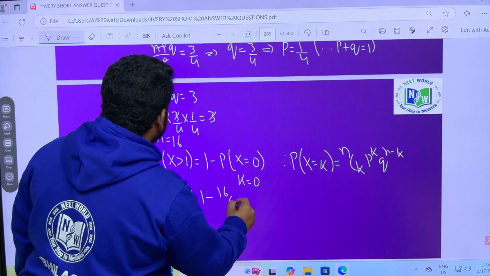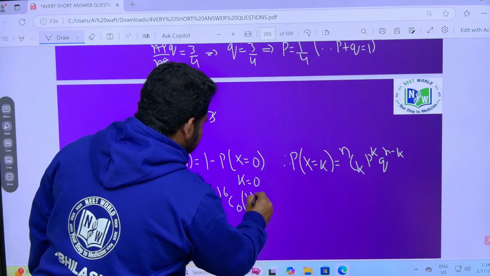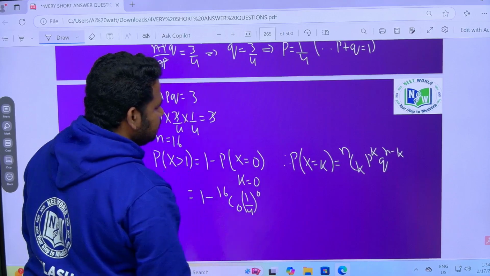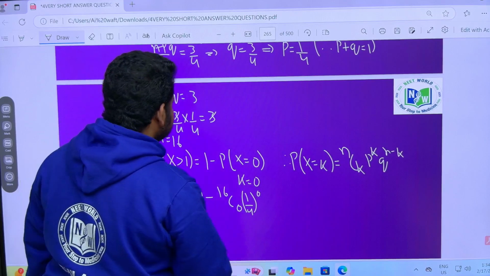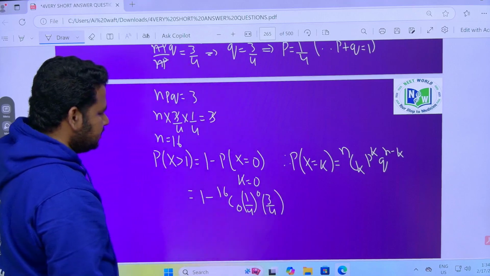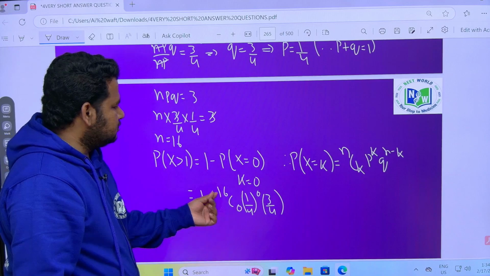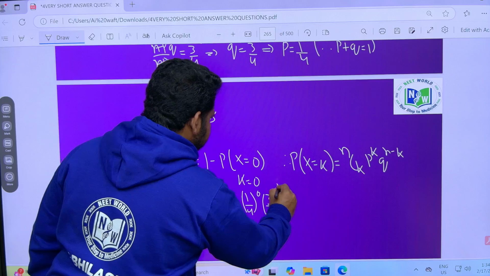P to the power of 0, P is 1 by 4, so 1 by 4 to the power of 0. Q is 3 by 4, 3 by 4 to the power of N minus k. N minus k is 16 minus 0, that is 16 itself.